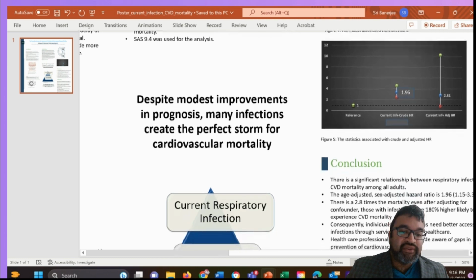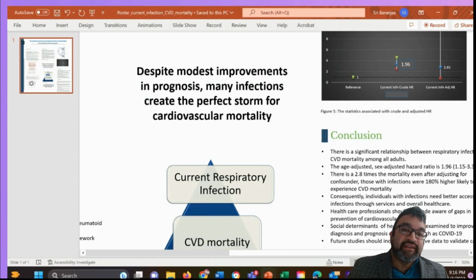So, what can we do here? I've explained what the ramifications are about all of this. What can we do? People with infections need better access to care. Infectious diseases primarily affect marginalized populations, so it's critical that we treat and provide health care for all individuals, including those that are undocumented, so that overall health can be improved.